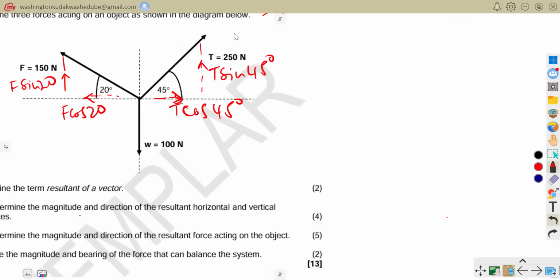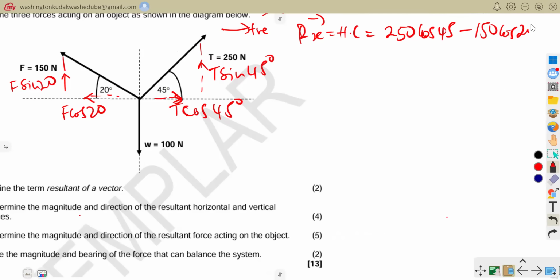So if I choose the right to be positive, on the horizontal component, Rx, I'll say this one is positive. That would be 250 cos 45 minus this one, which is 150 cos 20.